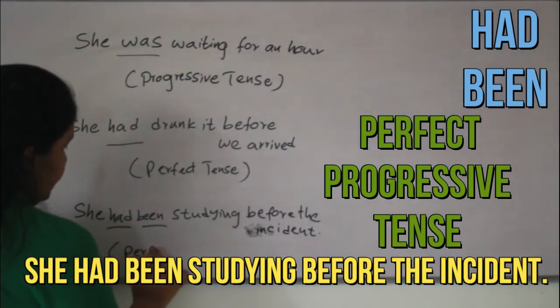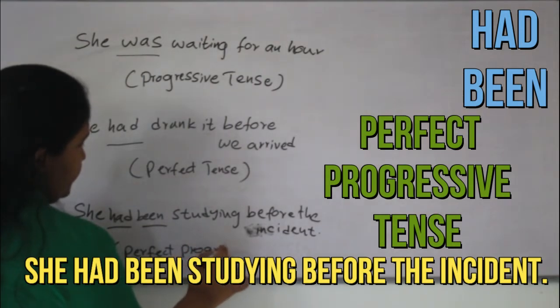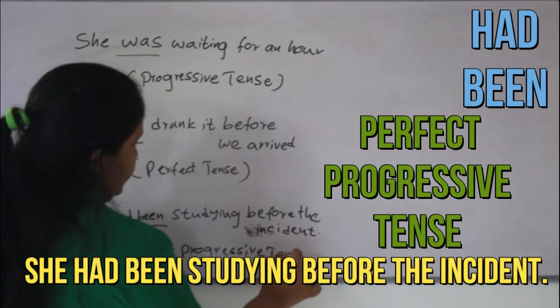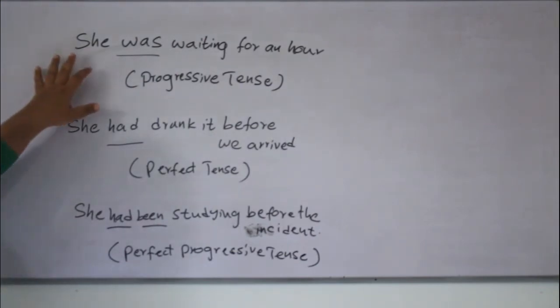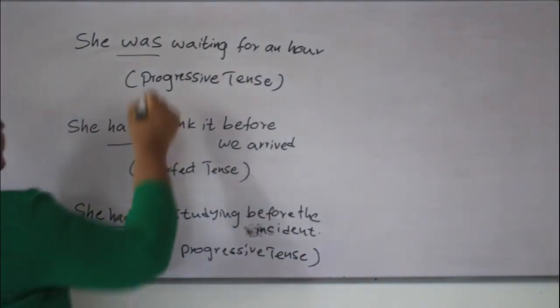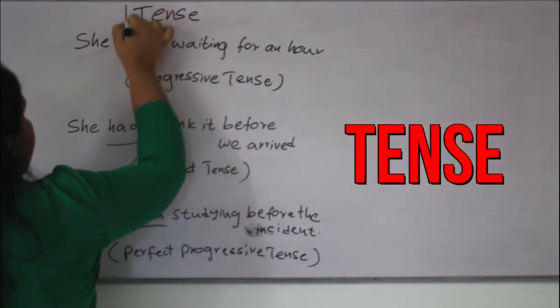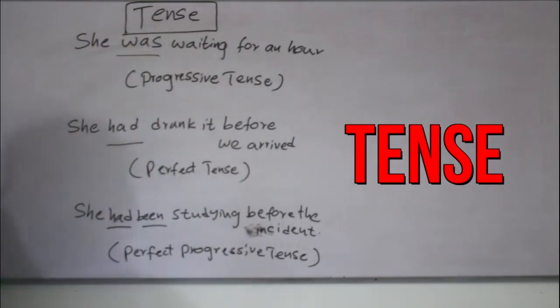Perfect progressive tense. So these are the examples of auxiliary verbs expressing tense.